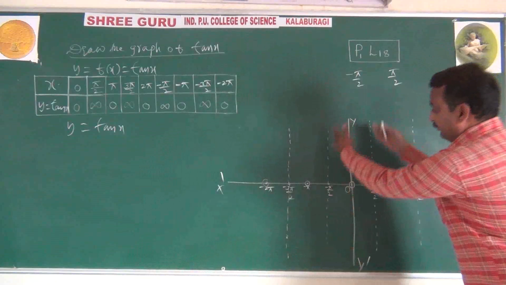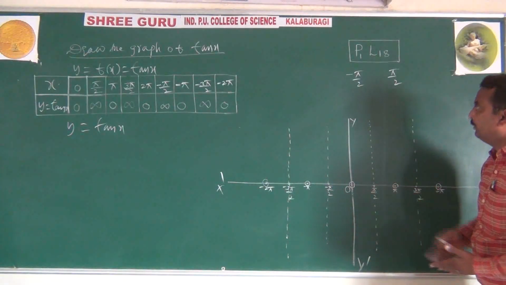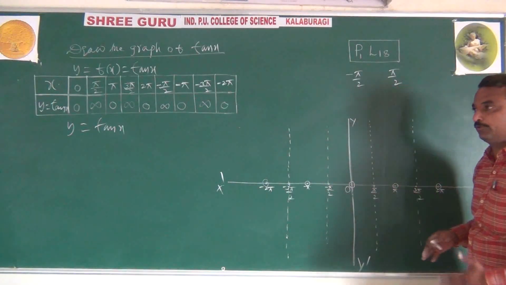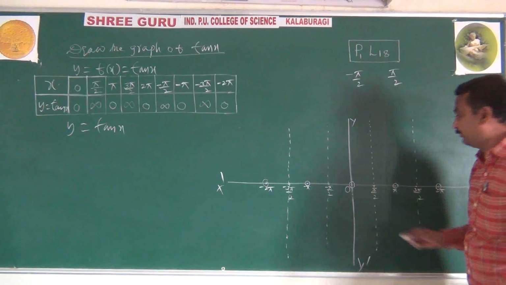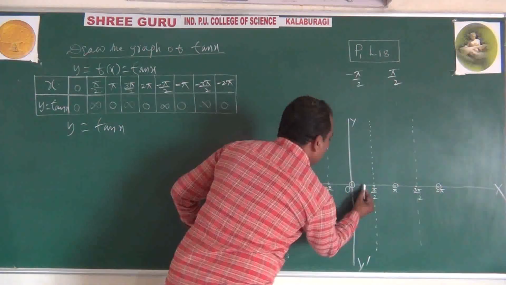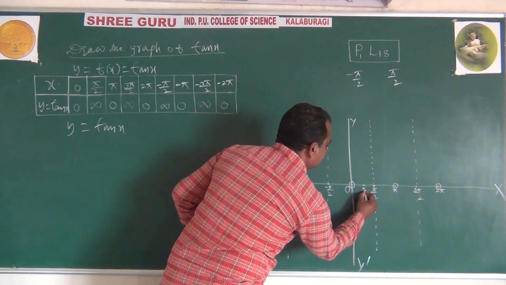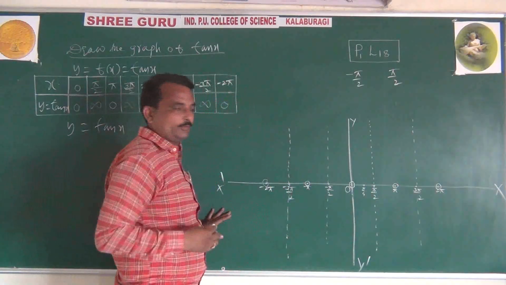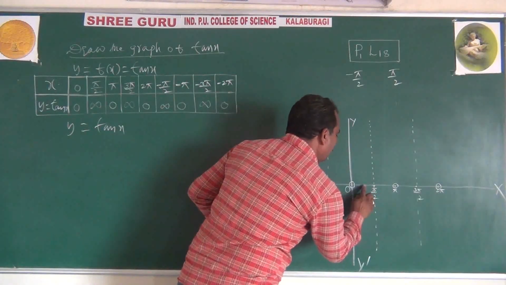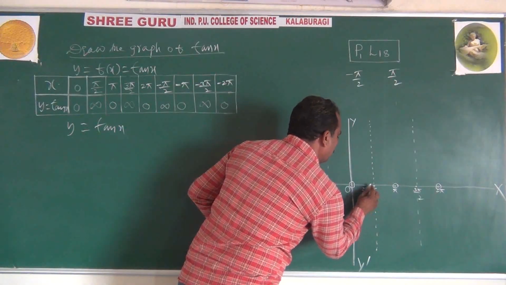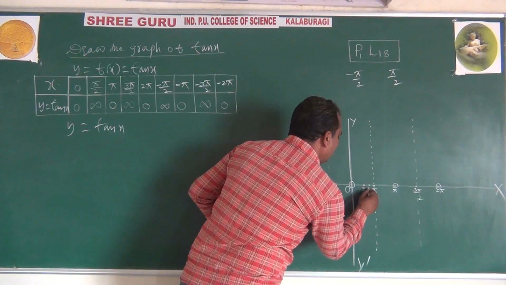Anyone you may choose. Taking in-between values here, this is 45 degrees, 0 to pi by 2, pi by 4. And here, pi by 4 to pi by 2, 45 to 90, 60 degrees, that is pi by 3.